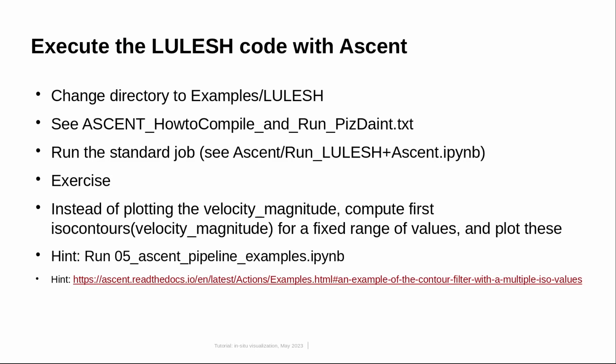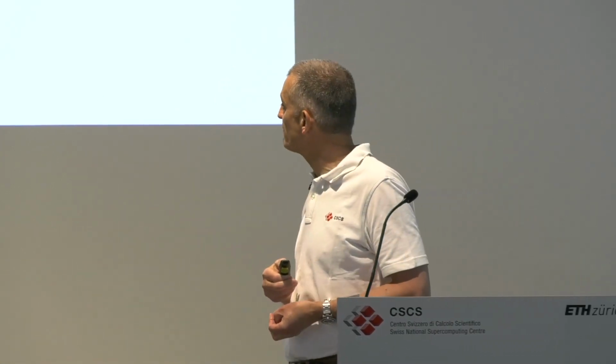So this is an application of modifying the pipeline like we've talked about earlier. And as a hint, you can look at the tutorial pipeline number 5, which shows exactly how you can pipe multiple operations into your visualization pipeline.